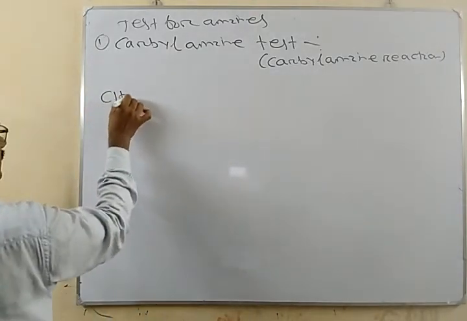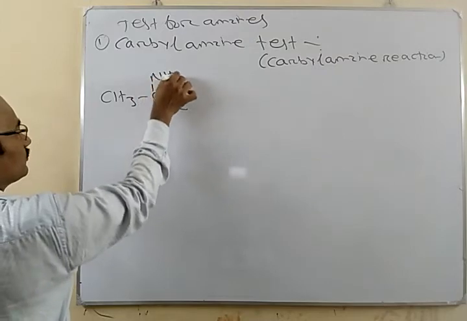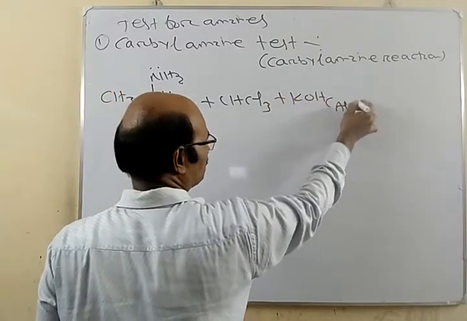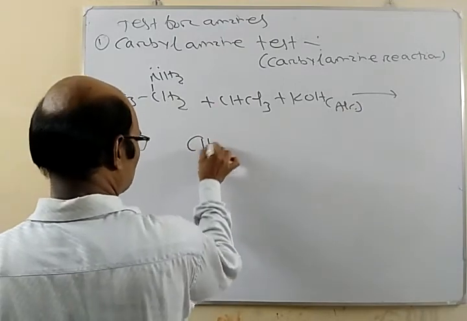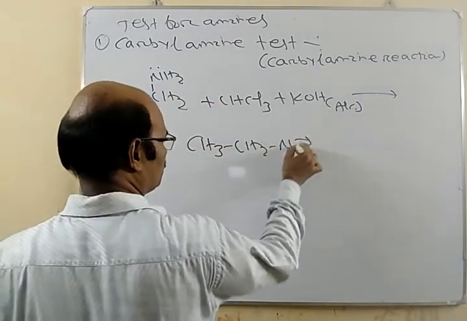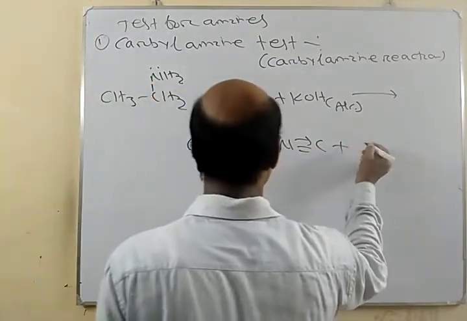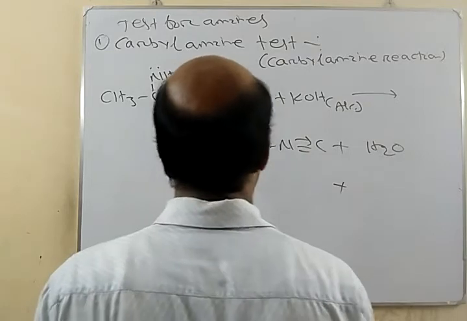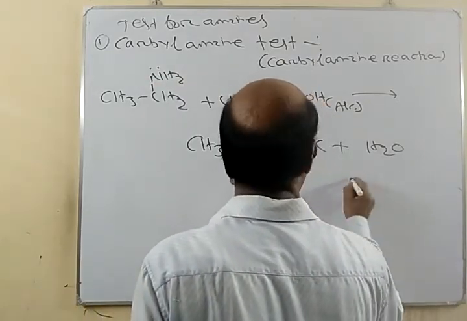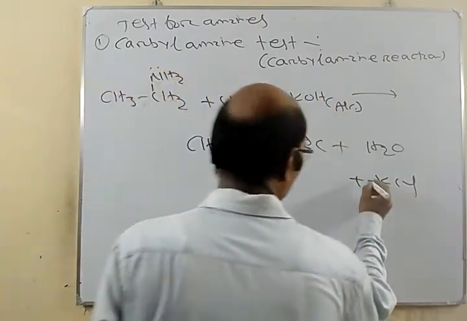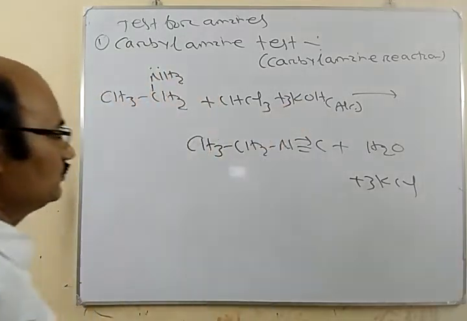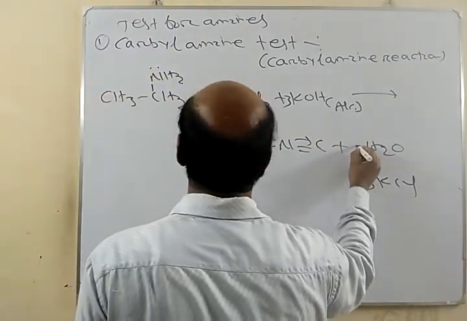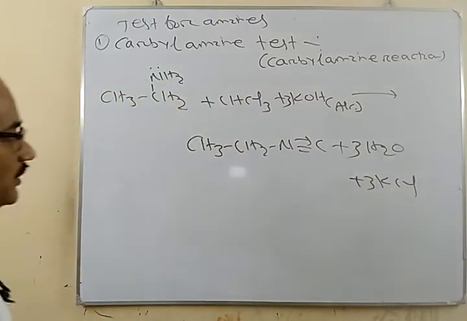What will we do here? We take CH3CH2NH2 plus CHCl3 plus KOH, alcoholic. Here we get CH3CH2NC plus 3 KCl plus 3 H2O.